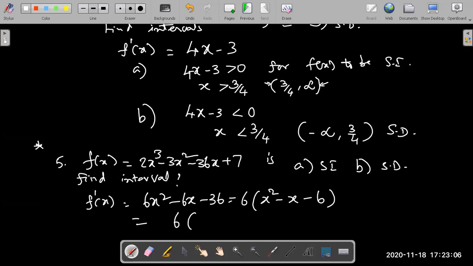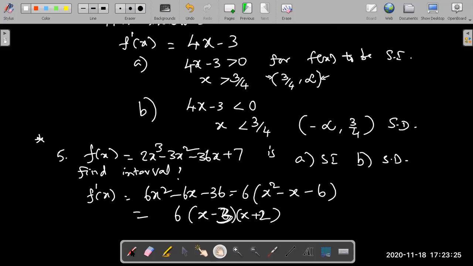Factorize this. So you will have x minus 6 into x plus 1. Is that correct? No. x minus 3 into x plus 2. This is how it is factorized.